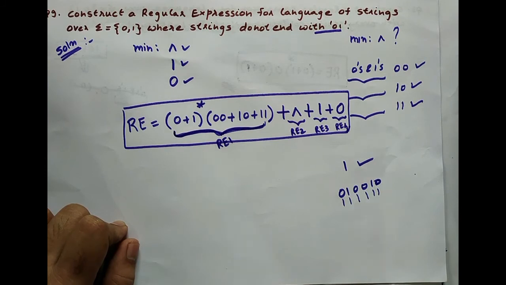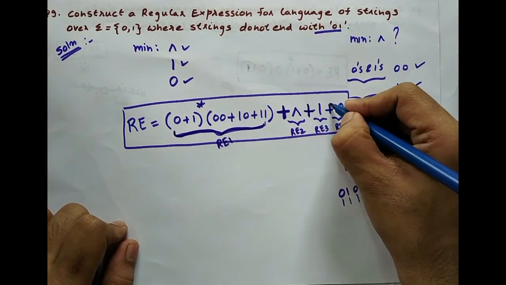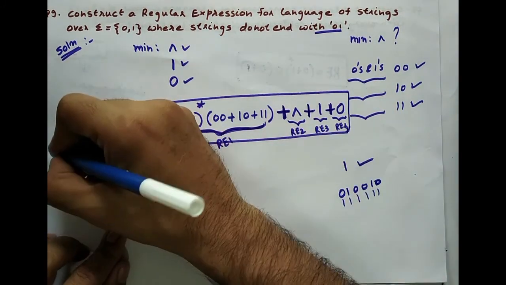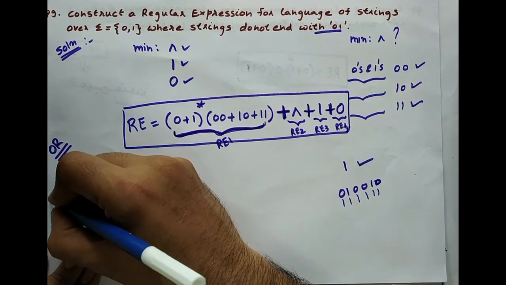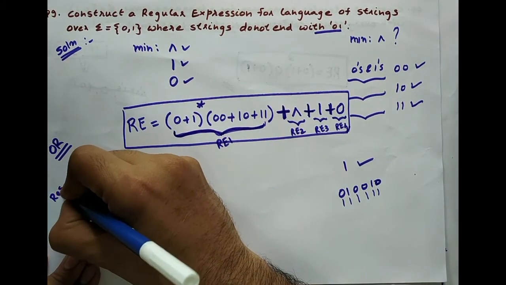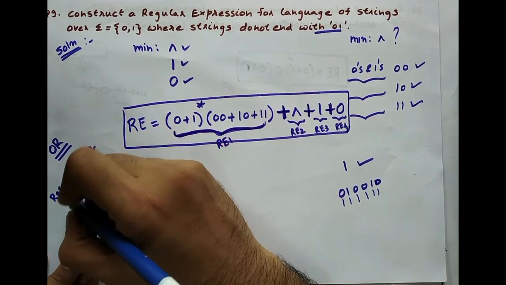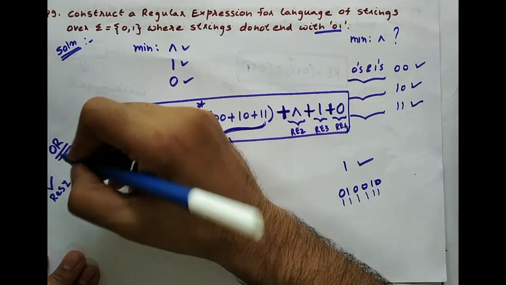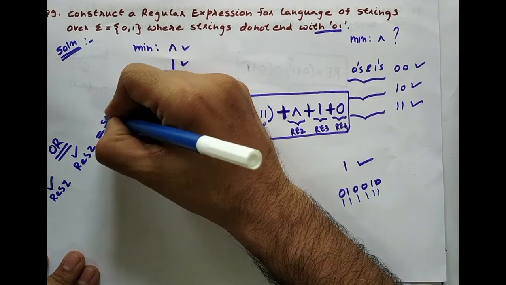No, remember, when there is a plus sign, plus means OR. OR says that if there is result 1 and result 2, either if result 1 is true or result 2 is true, then you get success.